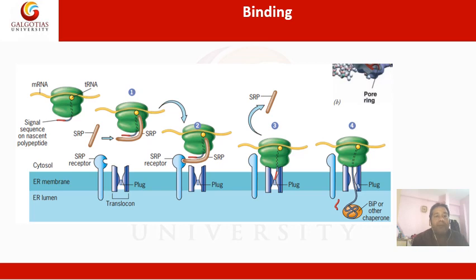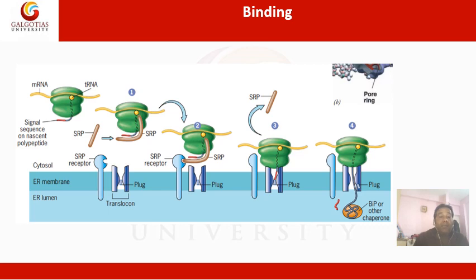They will start producing a polypeptide, and this polypeptide has a special signal. When they produce a nascent polypeptide, it acts as a signaling molecule, and it will interact with a signal recognition protein that is also present inside our cytoplasm.